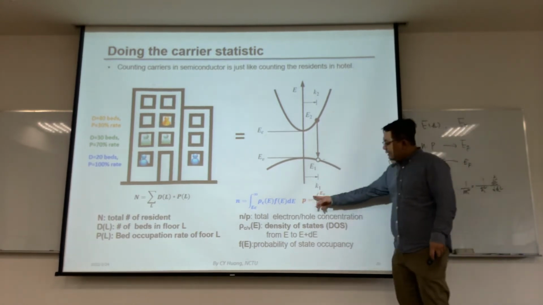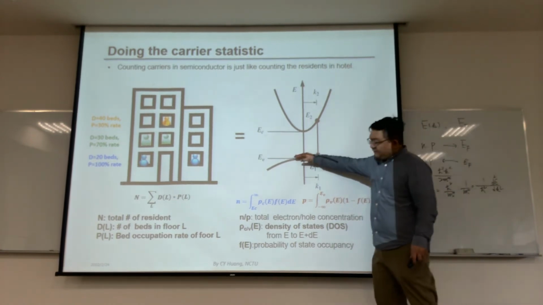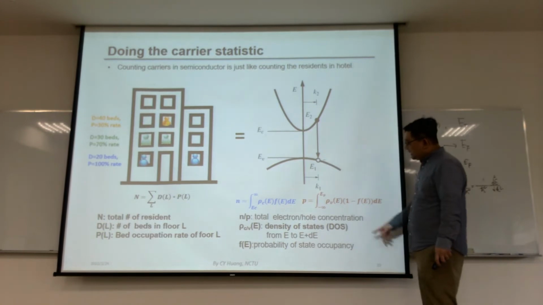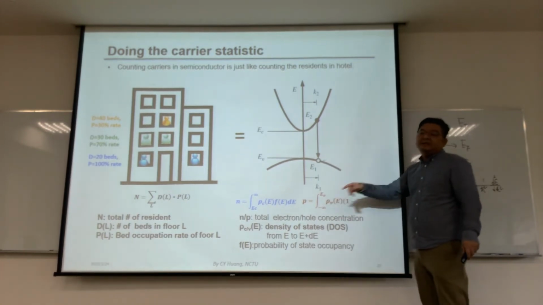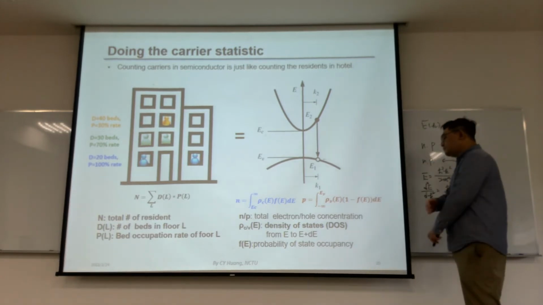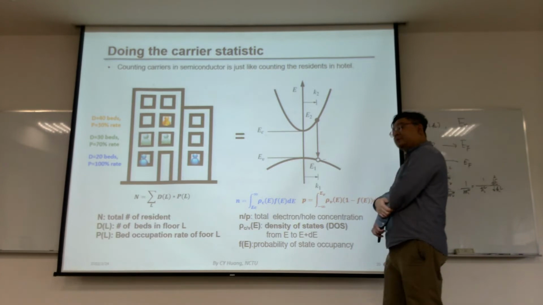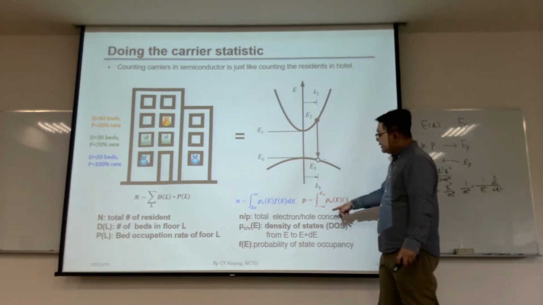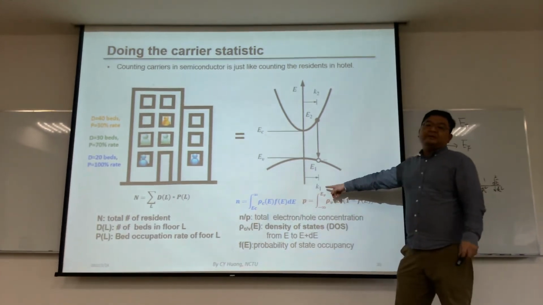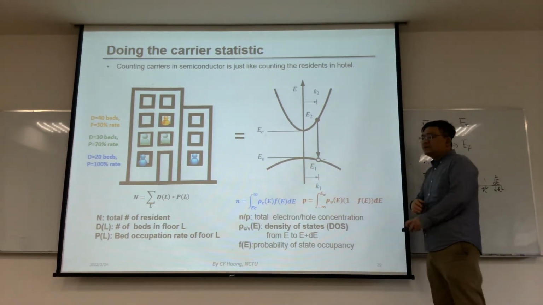So p will be integrating from minus infinity to EV, times the density of states in the valence band. That will be the total holes in the valence band. And under thermal equilibrium, n equals p, or it's not charge neutral.